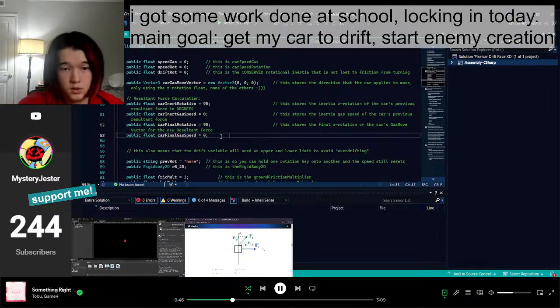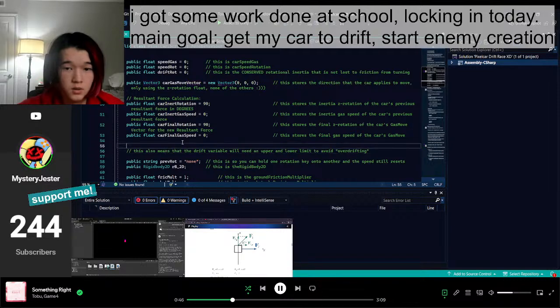And then this one will say, this stores the final gas speed of the car's gas move. Oh right, this shouldn't say vector. It should say. Oh wait, I guess it is a vector.